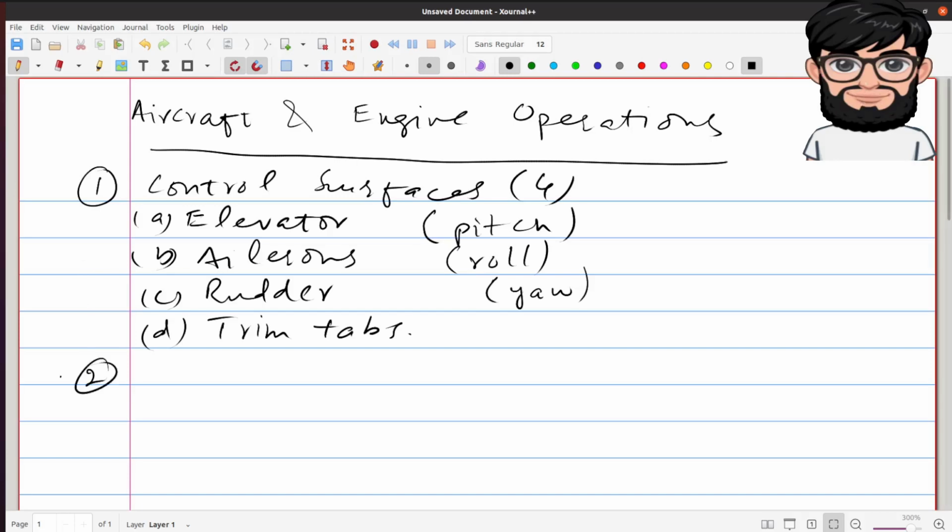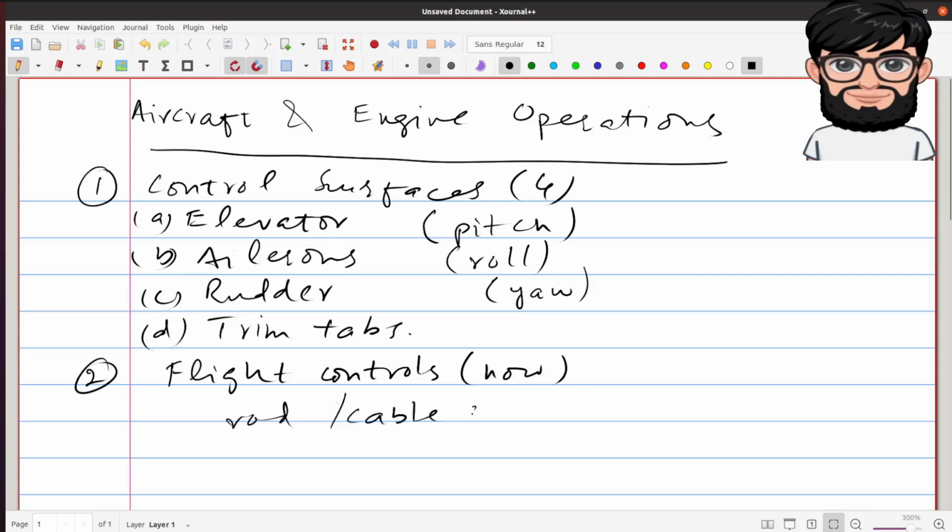Okay, how are the various flight controls operated? Basically these surfaces are manually actuated through the use of either the rod and or the cable system, depending on the plane, right?